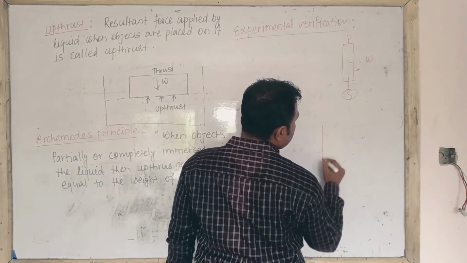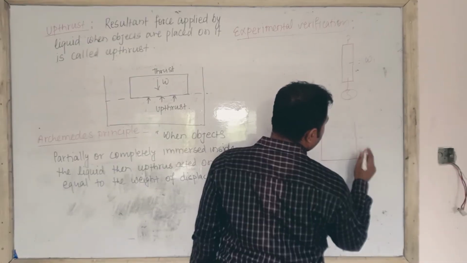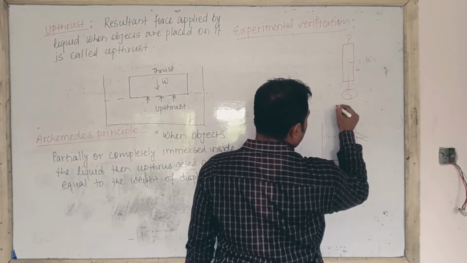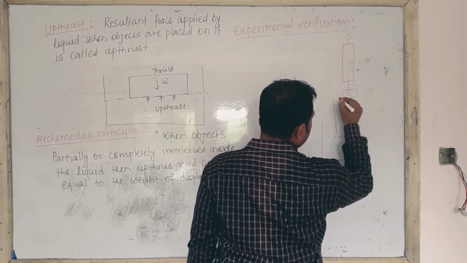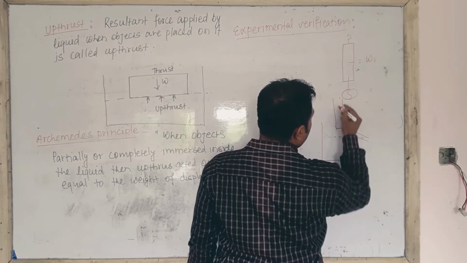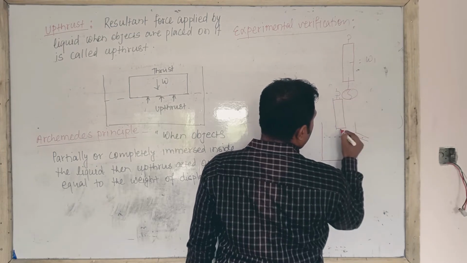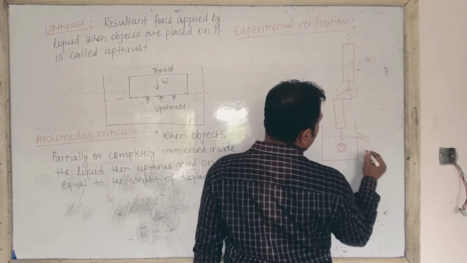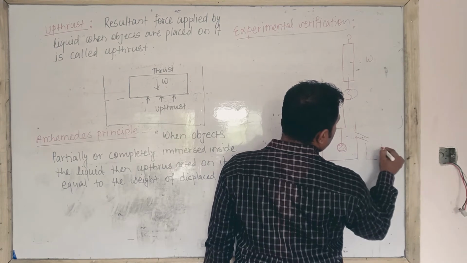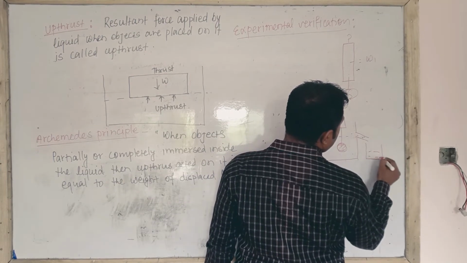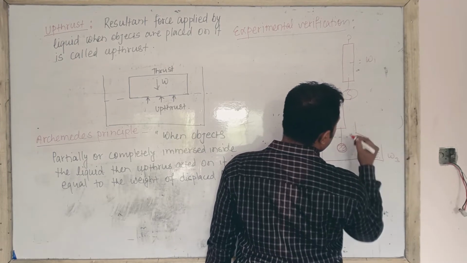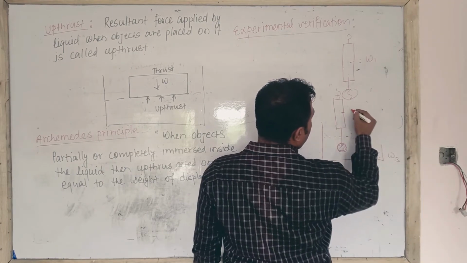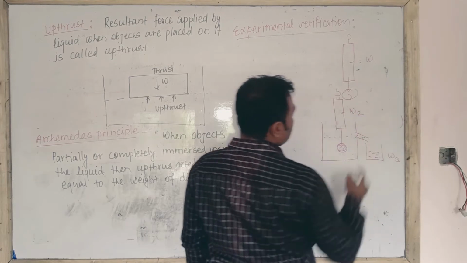When the same object is kept in a Eureka can, that Eureka can is also known as an overflow can, then it displaces liquid, and we consider the weight of displaced liquid is W2, and the object becomes lighter in water, and our weight of object in water is W3.